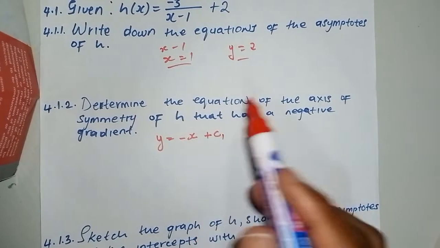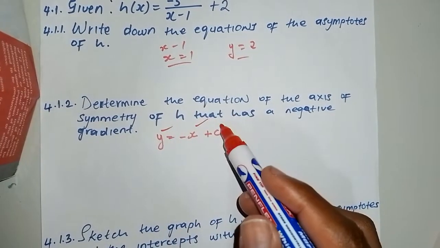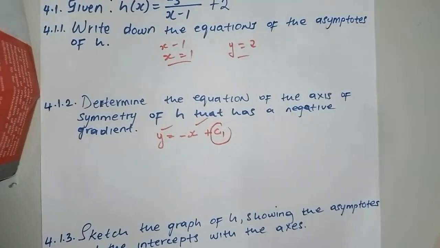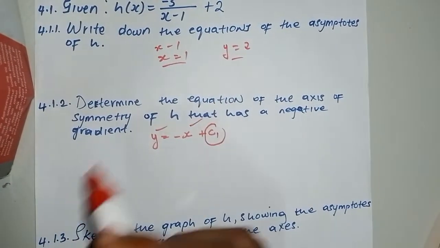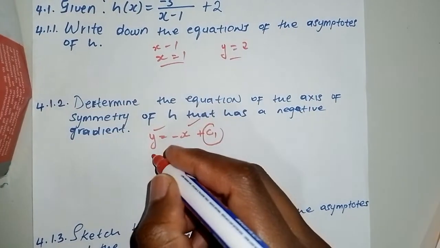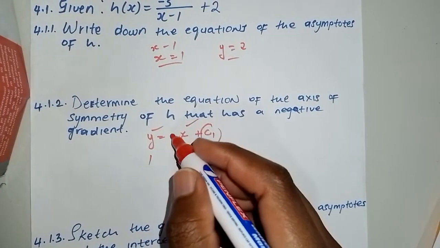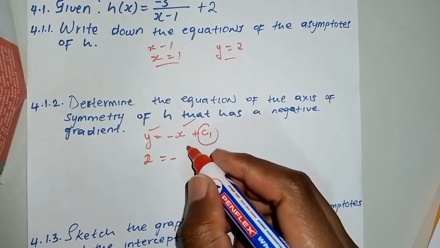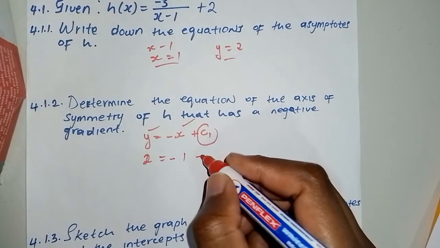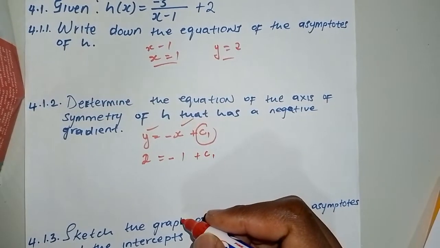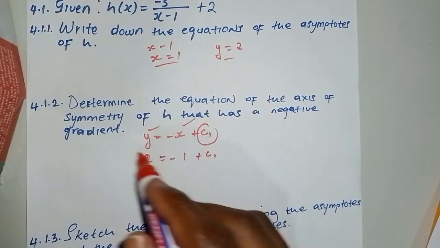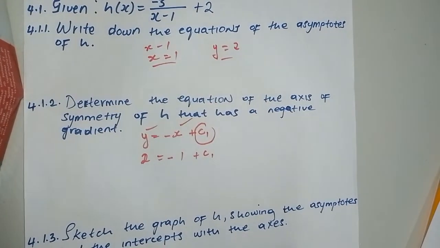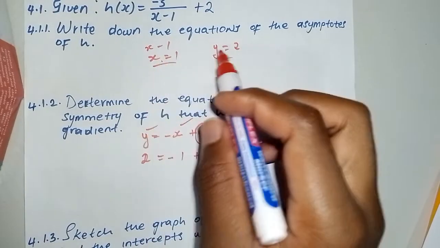Okay, fine. The problem is the value of c, or c1. How can I get it? What is my x? x is 1 and y is 2, so 2 equals negative 1 plus c1. What did I say? When you need the equations of symmetry, you use the asymptotes that you have.